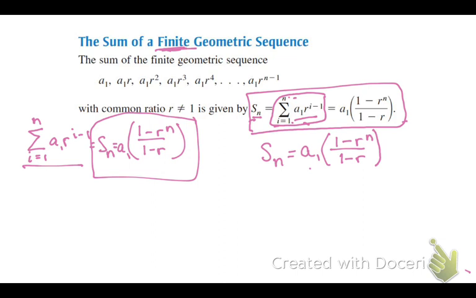Now, on your test, you will have all 5 formulas for this section, but I'm not going to name them. They're there, and you have to name them. So then you can use them. Does that make sense? So for this formula, you would have the finite sum of a geometric sequence.